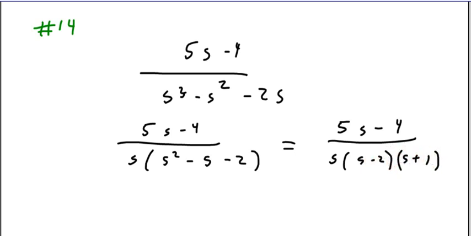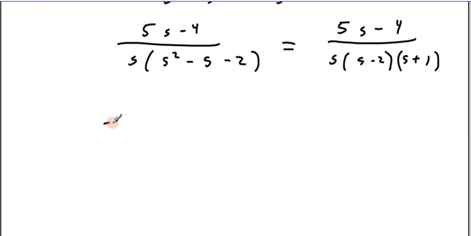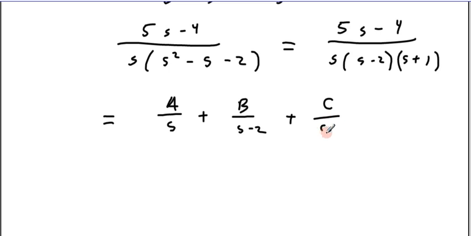Okay, so now I'm factored, and if I do a partial fraction, I'm going to have a over s plus b over s minus 2 plus c over s plus 1.